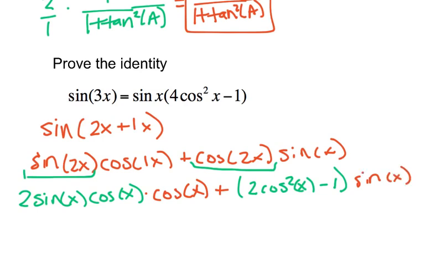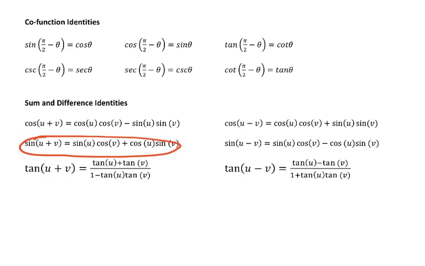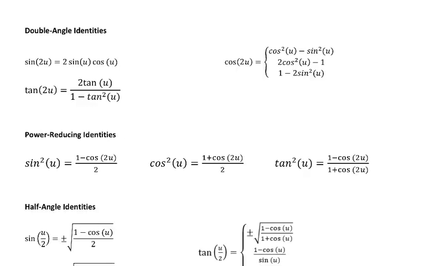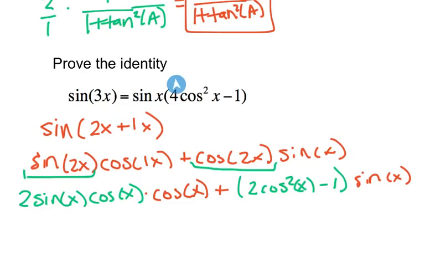Alright, so just a side note on why I picked 2 cosine squared of x as my cosine of 2x is because the other option has a sine squared in it, and of course none of that is in what we're trying to get in the end, which is just a cosine squared, and so I ended up taking the one that used cosine squared in order to rewrite.